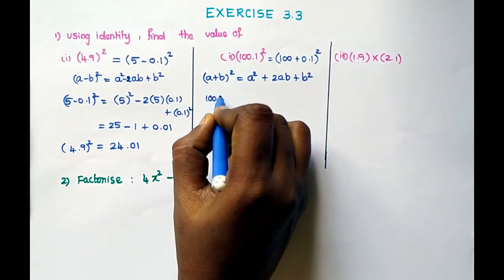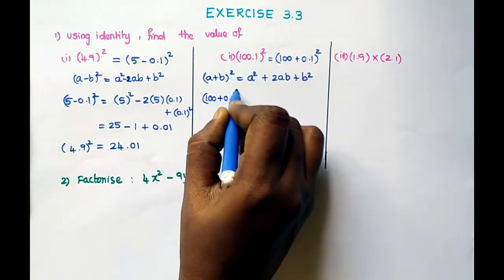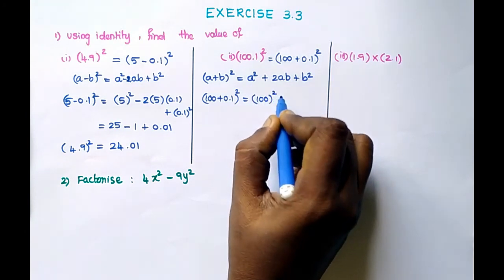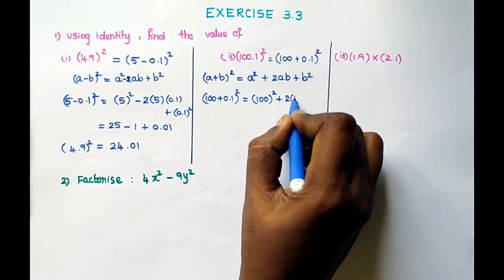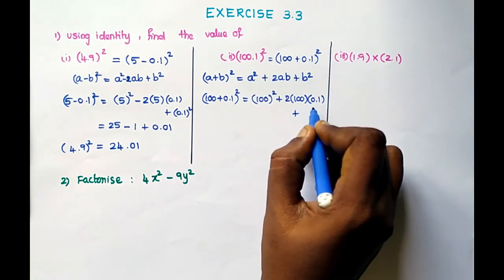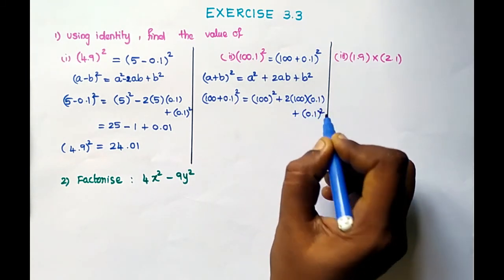So 100 plus 0.1 whole square equals a square, that is 100 squared, plus 2 into 100 into 0.1, plus b squared, that is 0.1 whole square.